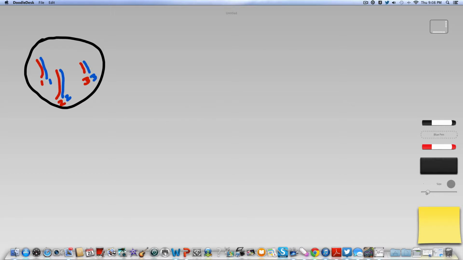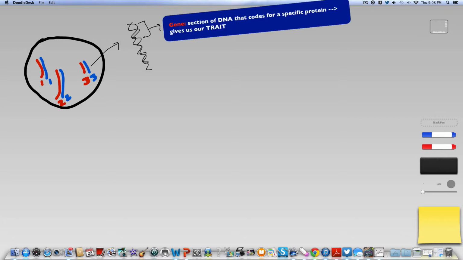Now what's important about this is, remember, this chromosome is really a big squiggly piece of DNA. And in DNA, every section of DNA that codes for a specific protein, many times expressed as a trait, we call that a gene. So we have lots of genes on each chromosome.